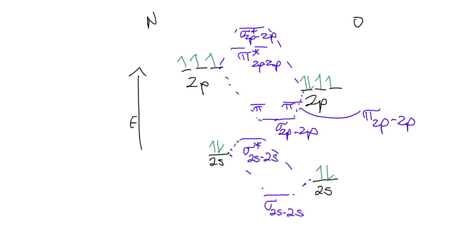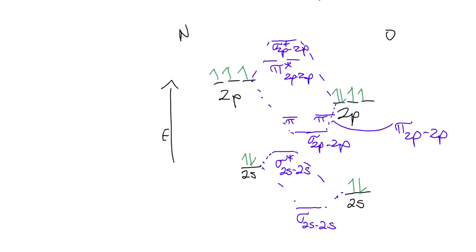So we now have 1, 2, 3, 4, 5, 6, 7, 8, 9, 10, 11 electrons to use in our molecular orbital. So I have 1, 2, 3, 4, 5, 6. Remember, I'm going to pair these because that's the lower energy, but my pi 2p, 2p's are degenerate. So 7, 8, 9, 10, and 11. 2, 4, 6, 8, 10, 11.